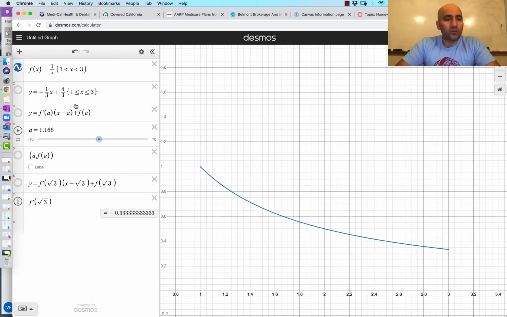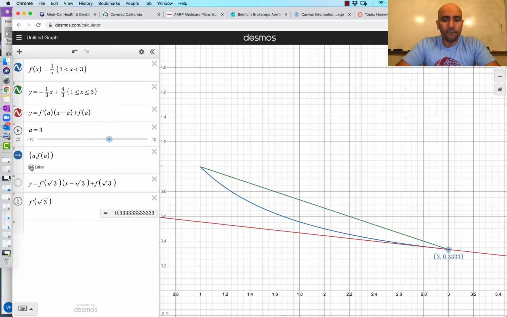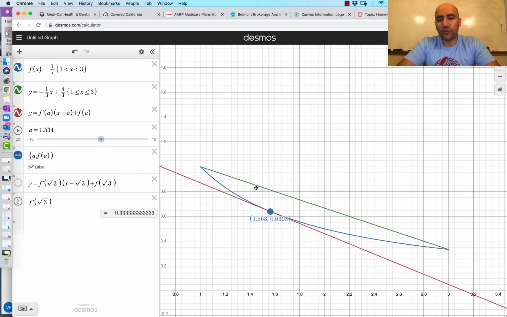Okay, we did some work and figured out the equation of the line segment that connects the two endpoints. So let's just connect them. See, that's that line segment. It's got this equation. This green one has the slope of negative 1/3. Good. And then if we think about the tangent lines, here are all the tangent lines to the original 1 over x function just in this little segment.